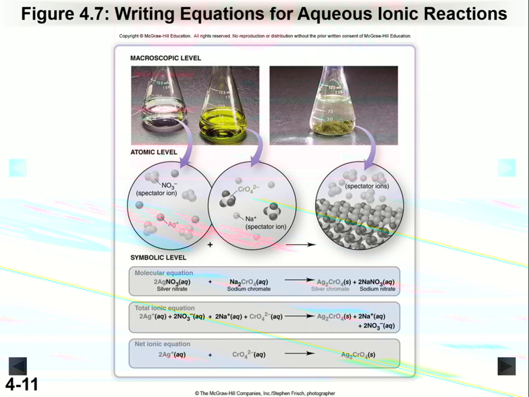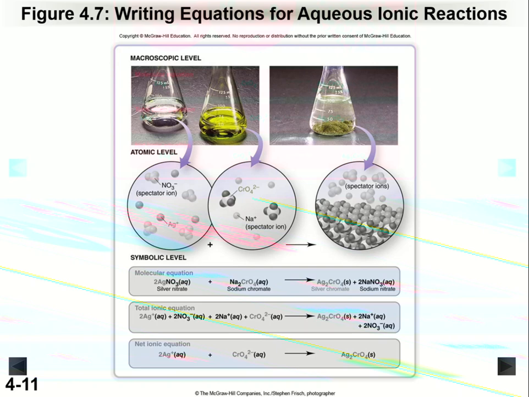Next, we can write this as a total ionic equation. Now, the total ionic equation takes all of the soluble salts and breaks them up. So, for example, silver nitrate is written as 2Ag+ plus 2NO3-. And sodium chromate is written as 2Na+ plus CrO4 2-.